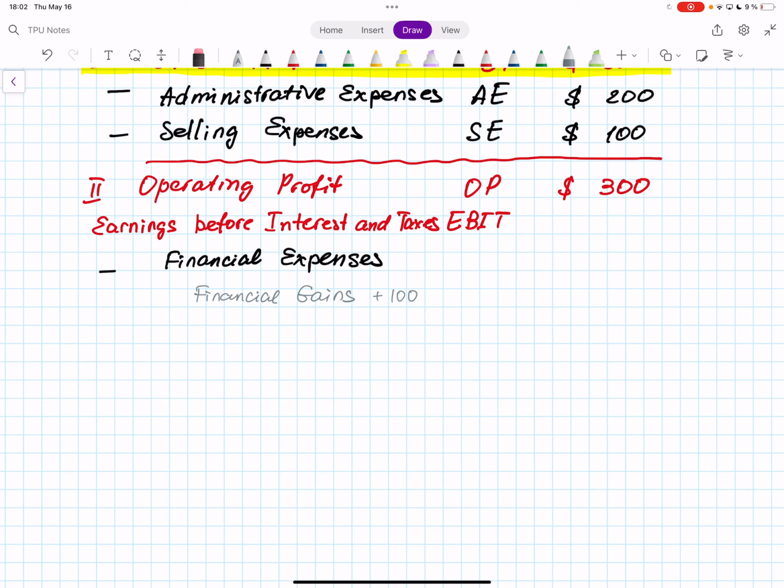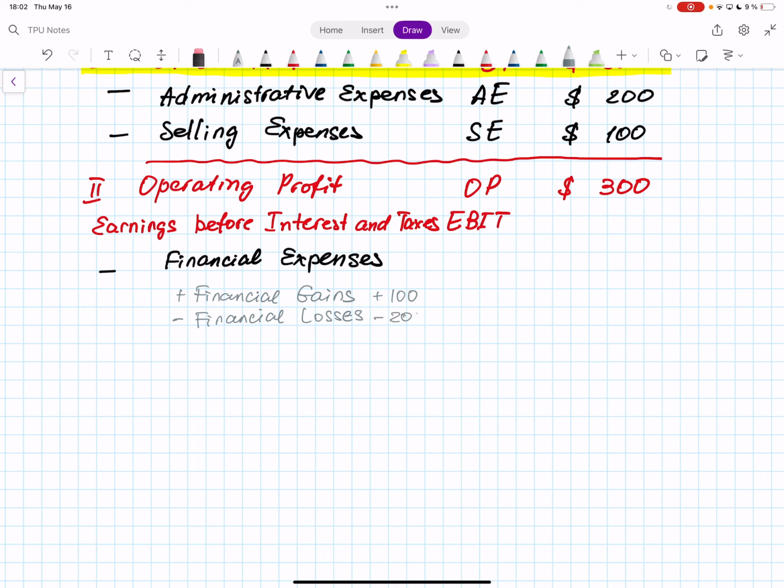And also, on the other hand, I can attract money and pay for it. For example, I take a loan in the bank and I pay interest on the loan. So I have financial losses. Это как losses? Потери. То есть финансовые доходы, финансовые расходы.